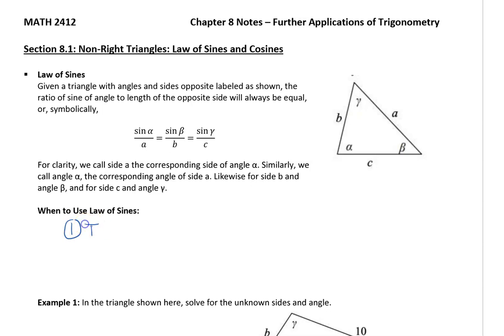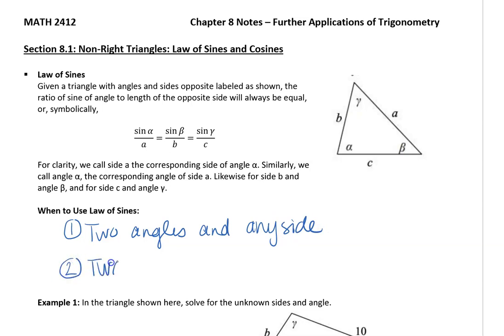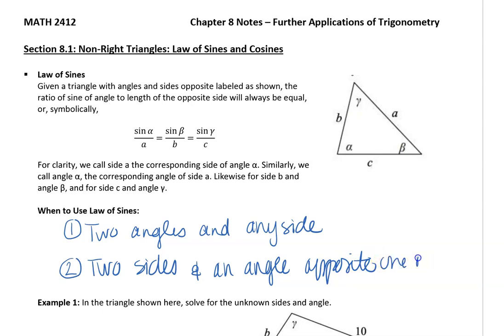One, if you have two angles and any side, that would be the situation that you want to go to law of sines. Or two, if you have two sides and an angle opposite one of those sides.